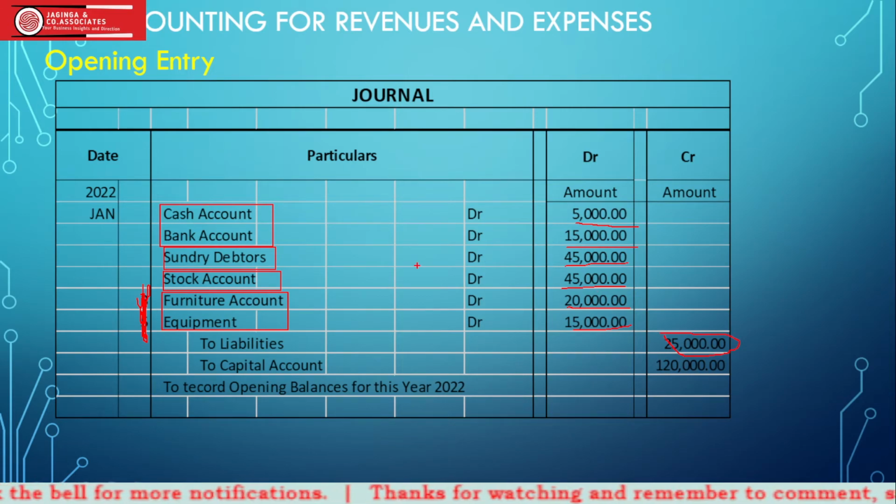So that's how to work with the opening entry. You're supposed to understand that when you are trading at the beginning of the next period, you must make entries of opening balances before you continue with your trade. So there must be opening balances from the previous balances of the accounting period.